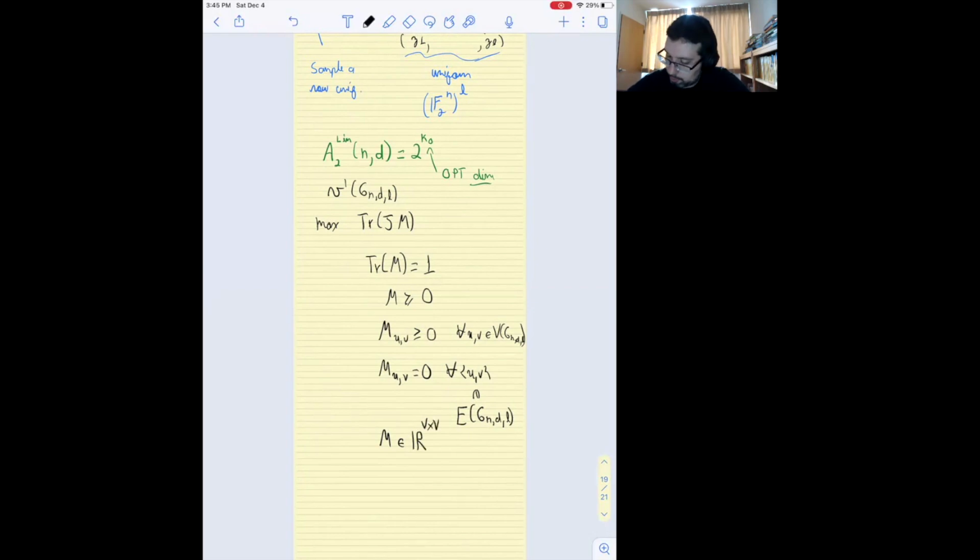So we have this bunch of constraints. This is the theta prime formulation.